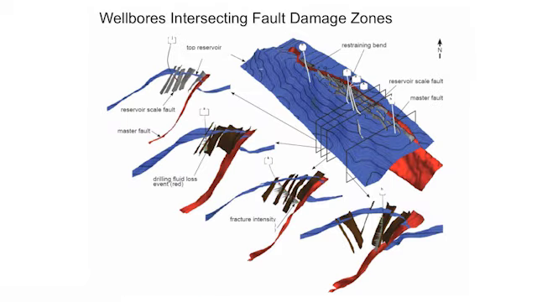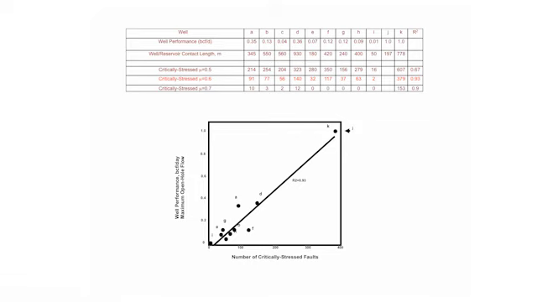They completely changed their drilling strategy so that they were drilling wells through the damage zones associated with secondary faults. And when they did, they saw a very strong correlation between the well performance and the number of critically stressed faults that were encountered.